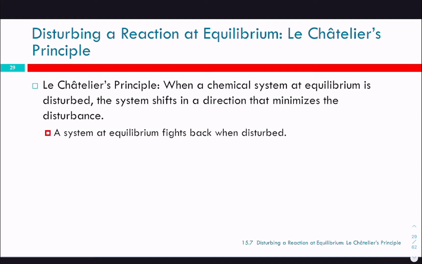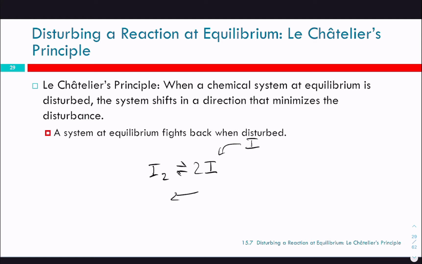So if we had a reaction like this, I2 equals 2I. If we add more I, increase that concentration, this reaction will shift to the left. So the reaction will shift, and I should draw these arrows like this.